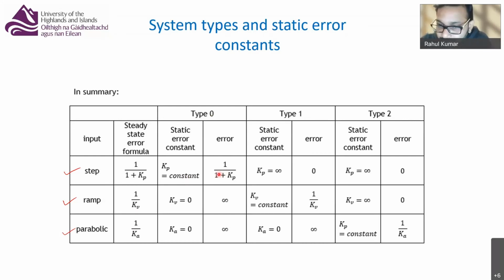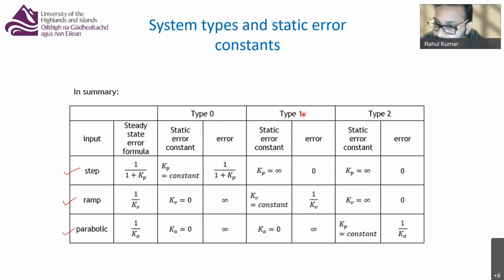If you have a ramp input and it is type 0 system, the value of kv will be 0 and your error will be infinite. Right? So like that I have developed, I've tried to summarize all the things in this table.